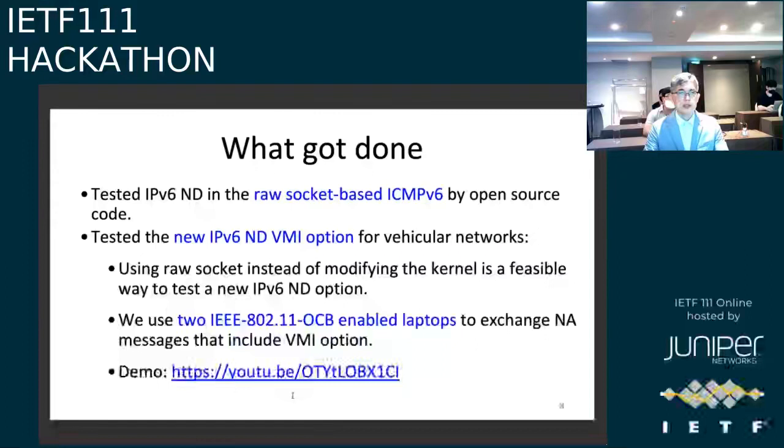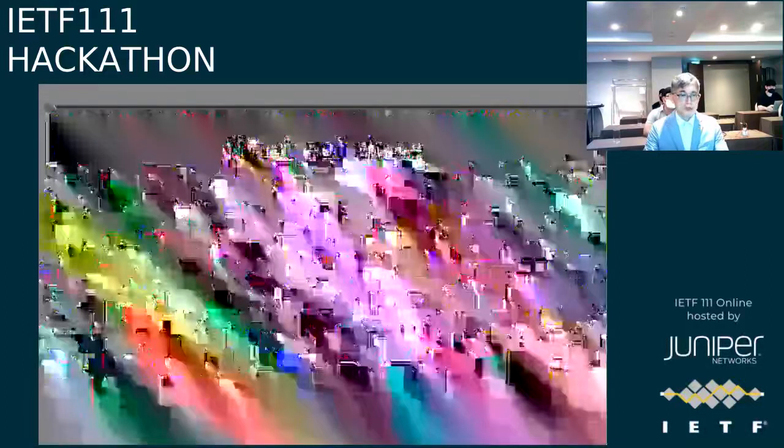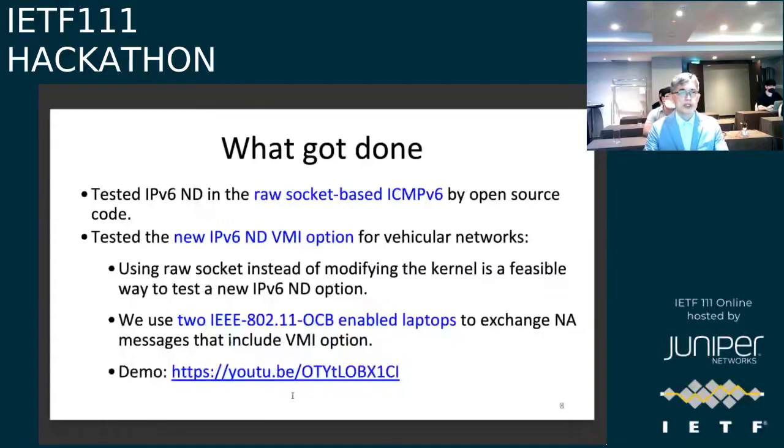What got done? We tested IPv6 neighbor discovery in the raw socket-based ICMPv6 using open source code. We demonstrated that raw socket is a feasible approach to test a new IPv6 ND option.